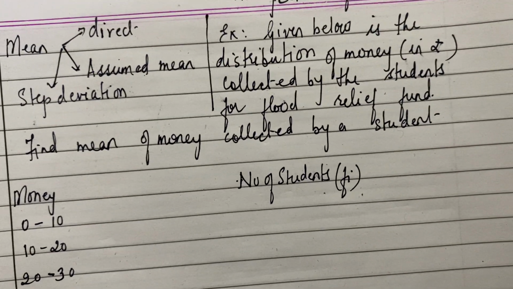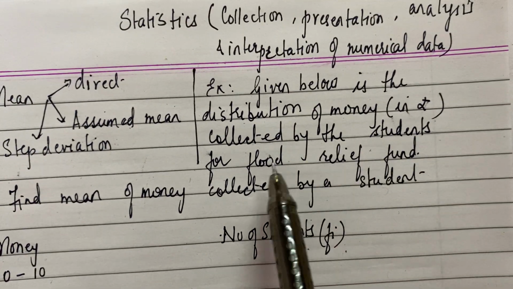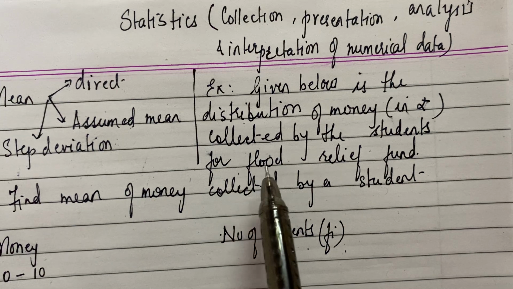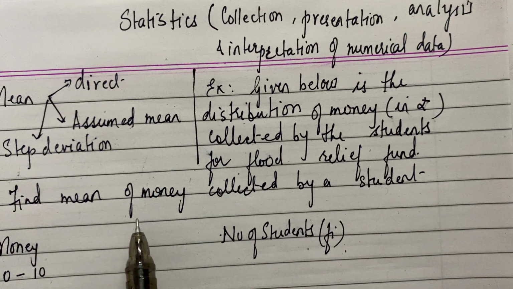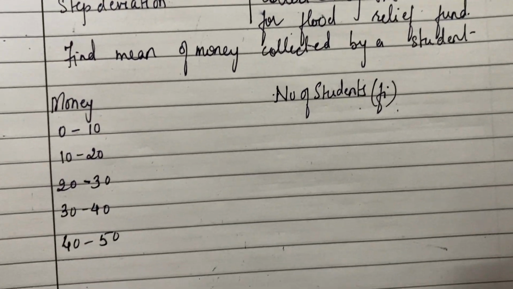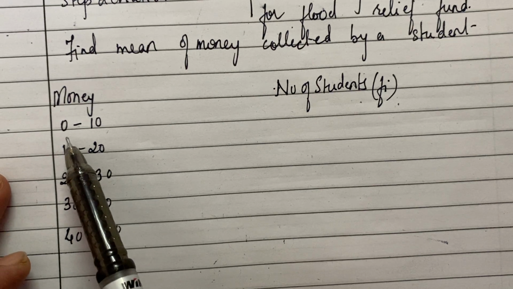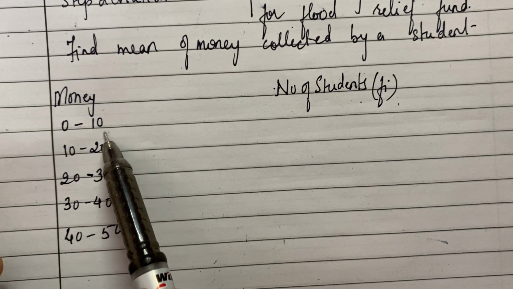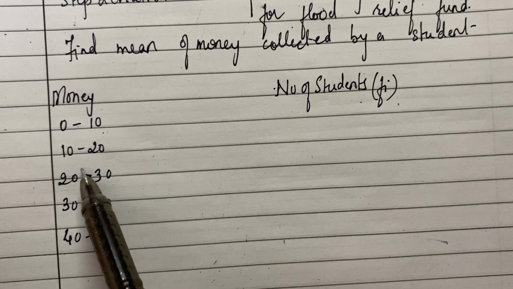Now you have been given here the distribution of money in rupees collected by students for flood relief fund. You have to find out the mean of money collected by the student. So here as such, the group data represents group classes from 0 to 10. This is the money from rupees 0 to 10.